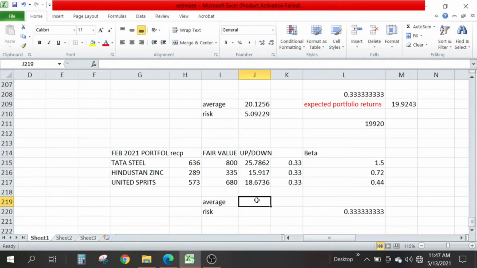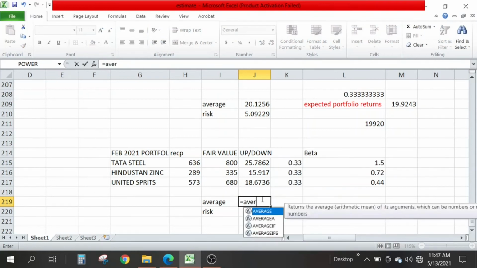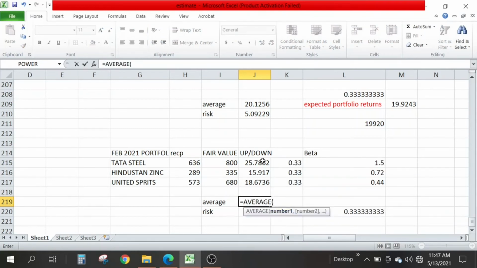Average, we will use the formula is equal to average. Average is the mean of the upside or downside. Is equal to average, drag and drop, close the bracket, enter. Yeah, and we got 20.12.